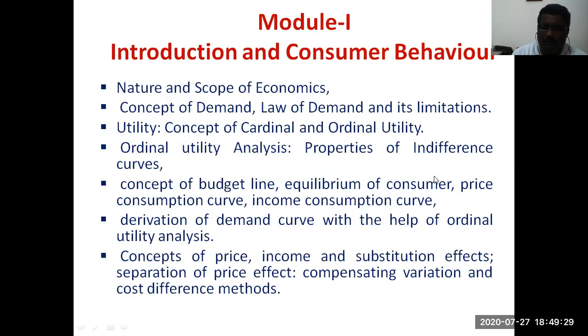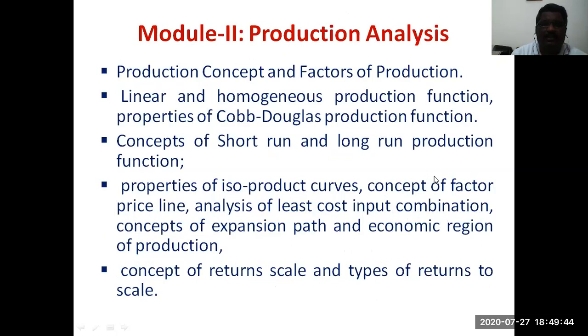We will go through from the first module once again. First module, introduction to consumer behavior. In this topic, mainly nature, scope, demand, and ordinal utility analysis are there. And the second module, production analysis. In this unit, production concepts, factors of production, production functions, isoproduct curves and returns to scale are there.